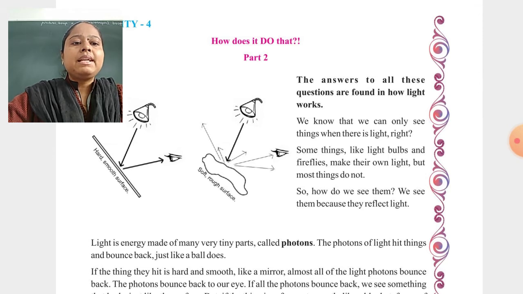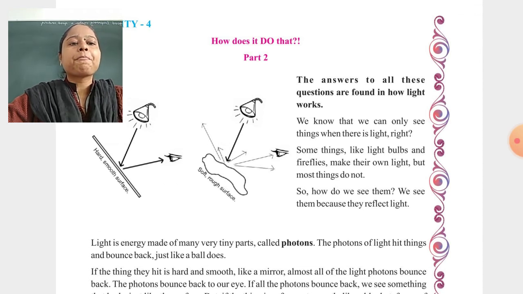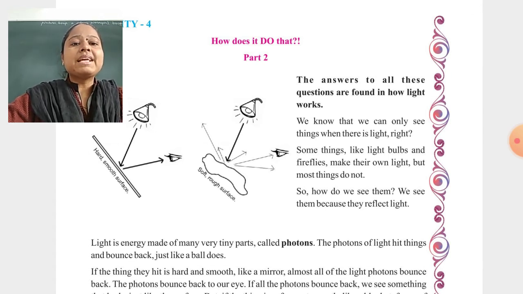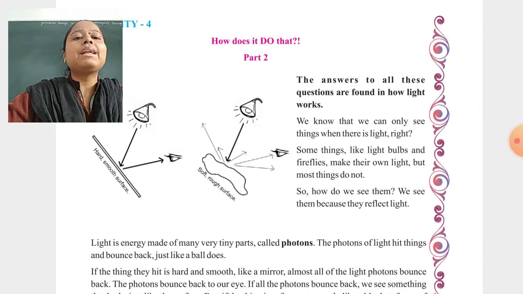Some things like light bulbs and fireflies make their own light, but most things do not. A light bulb that is not switched on still gives a little light we can see. Fireflies are a kind of shining insect which we can see in the darkness, because they have their own light.